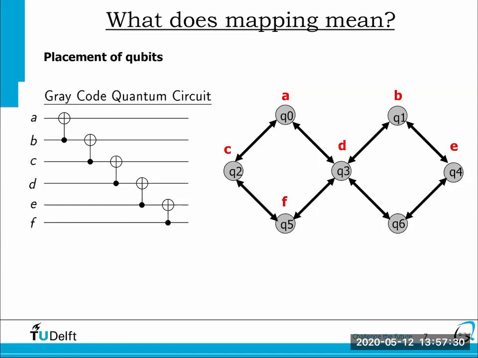The same happens with B and C that are placed in Q1 and Q2, so they cannot interact either. So what to do in that case? In that case, we need to insert some swaps, also called routing of qubits, in order to make those qubits nearest neighbor, or in other words, to place them in adjacent positions.